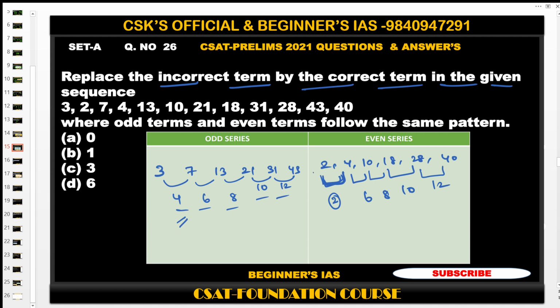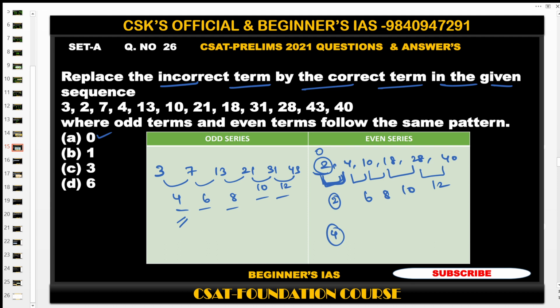In order to get a 4 as the difference, this has to be replaced with 0. When it is replaced with 0, the difference is 4. So the incorrect term is 2 and the correct term is 0.